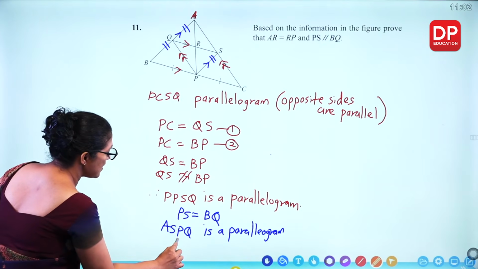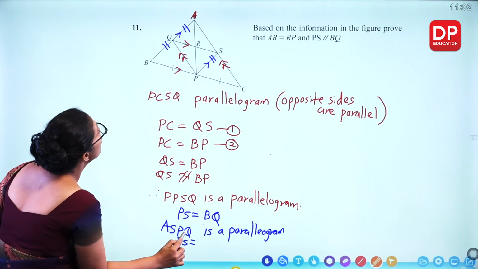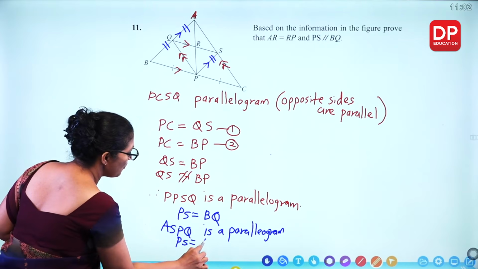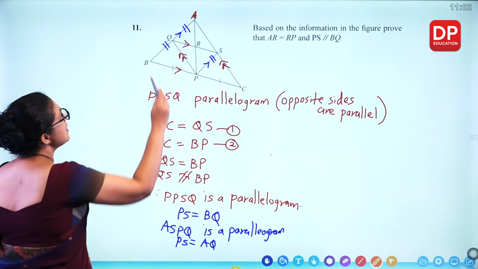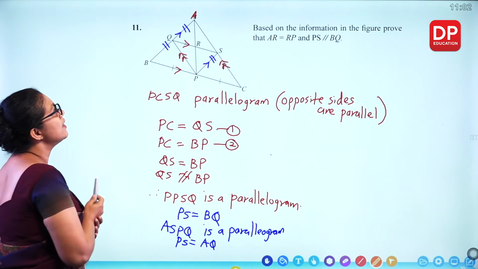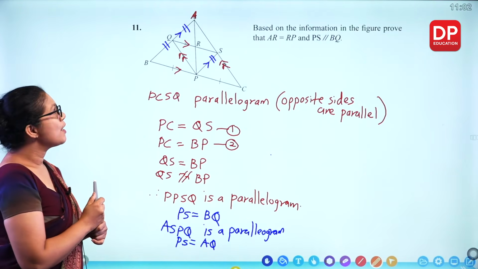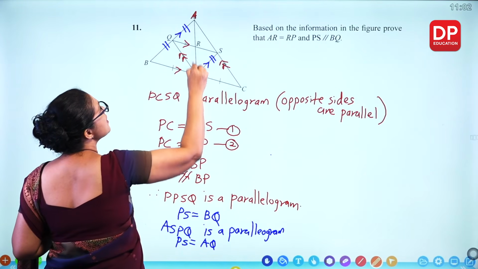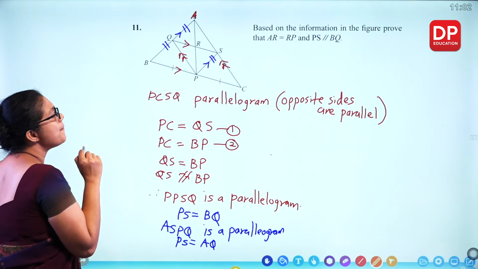So PS is equal to AQ. So that means these two are equal. Now, what can you say about this point? This point is a midpoint.